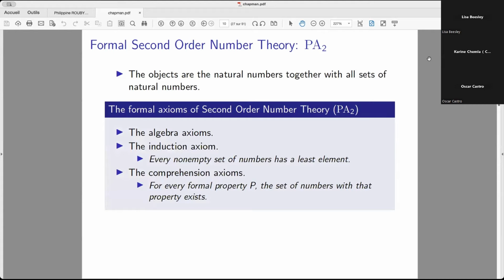But you don't escape having an infinite number of axioms because you need axioms that tell you that sets exist, and those are the comprehension axioms. For every formal property P, the set of numbers with that property exists. So that gets you lots of sets. So we have two fundamental structures, arguably, of classical mathematics: the integers with plus and times, and then the standard structure for second order number theory.